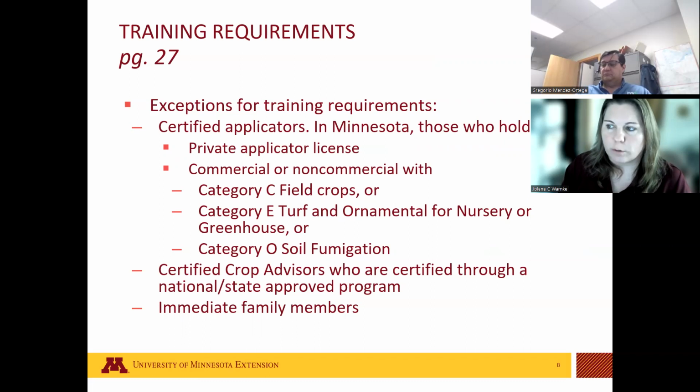Category E, turf and ornamental, if they are working in a nursery or greenhouse environment. Or category O, soil fumigation, if that's on an agricultural site. So these are the three general categories that a person would have working in an agricultural setting. There might be some exceptions, but I think I covered most of it here.